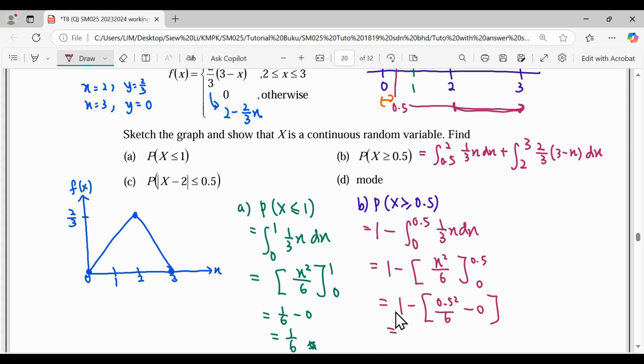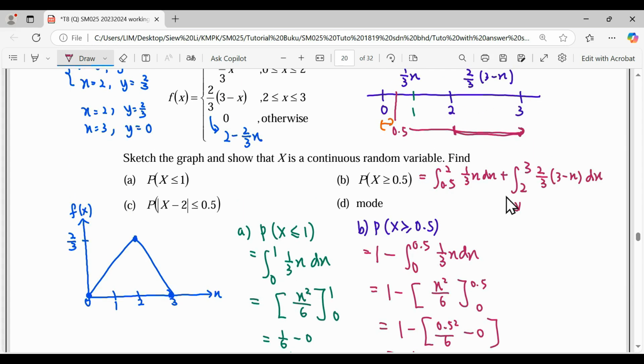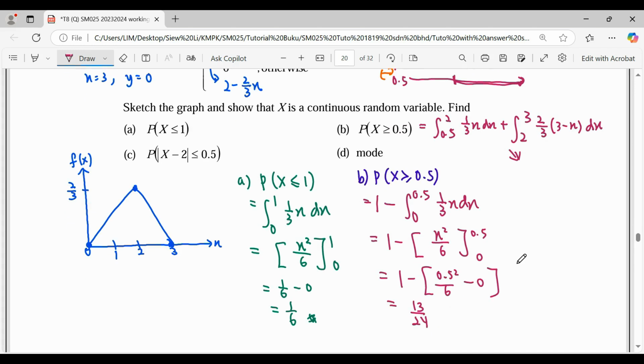Simplify this, we can get 13 over 24. It will be the same as adding the area under the graph region by region. It will be the same answer actually, so you can double check it with your working and your calculator. To double check with your calculator, the value we will get here is not 13 over 24, it is 23 over 24.